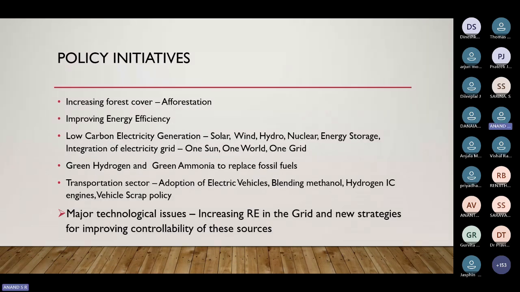Some policy initiatives are also taken up. One is increasing the forest cover, improving energy efficiency, and low carbon electricity generation. This is an area where, as electrical engineers, we need to concentrate more. Integration of the electricity grid is another aspect which has been considered.